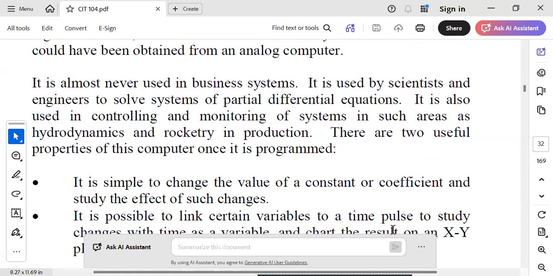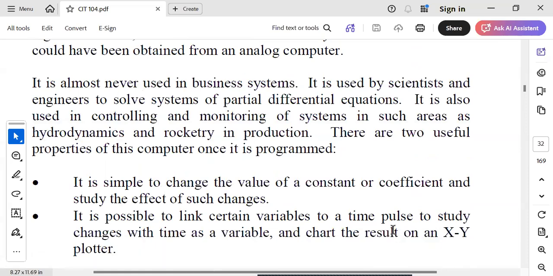It is almost never used in business systems. It is used by scientists and engineers to solve systems of partial differential equations. It is also used in controlling and monitoring of systems in such areas as hydrodynamics and rocketry in production.